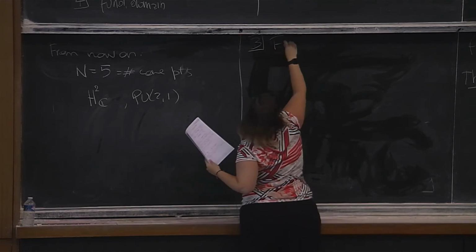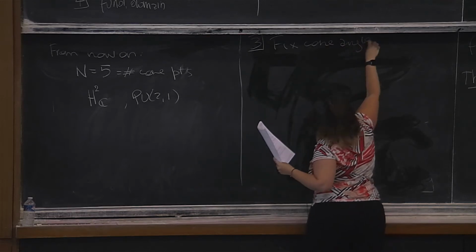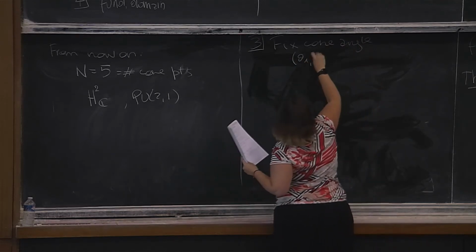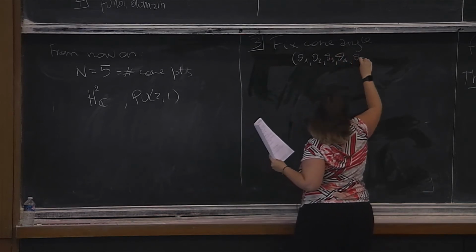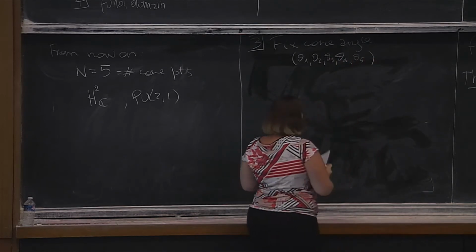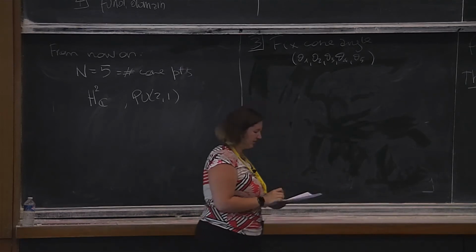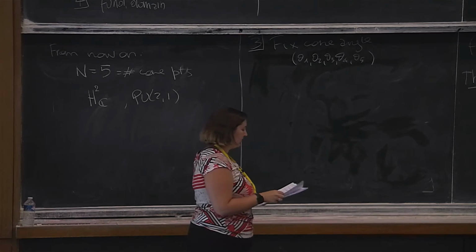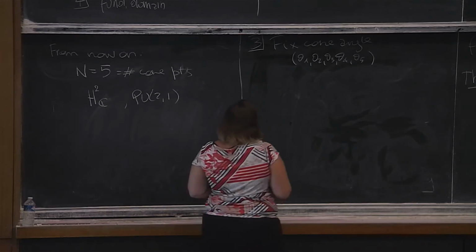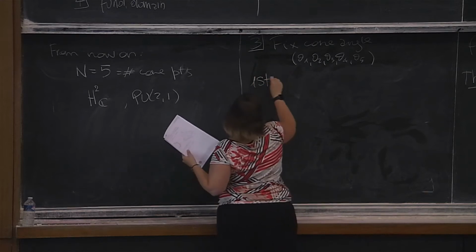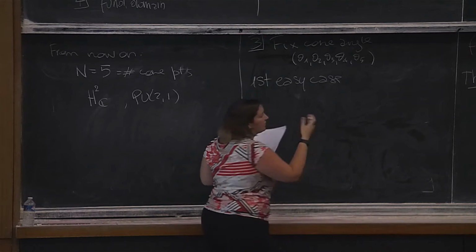So fix the cone angles: theta 1, theta 2, theta 3, theta 4, and theta 5. Now we want to consider all the possible positions of the cone points with those cone angles on a sphere and parameterize this space. First, an easier case. This is not general; I'm not describing all of them.